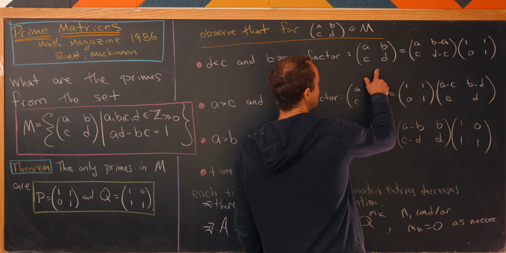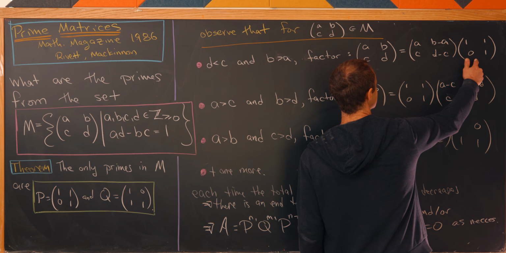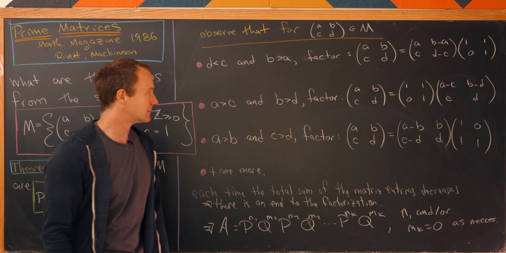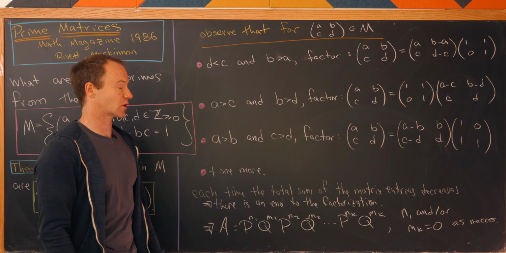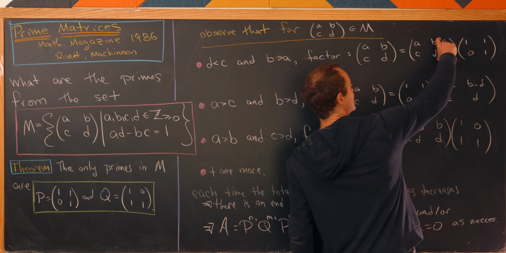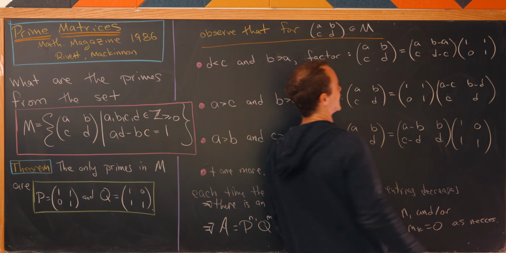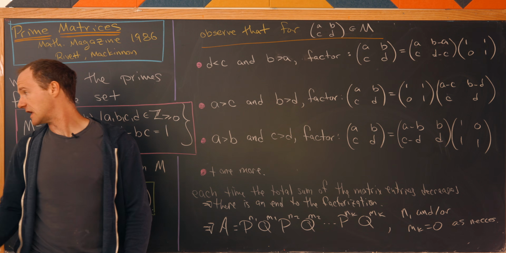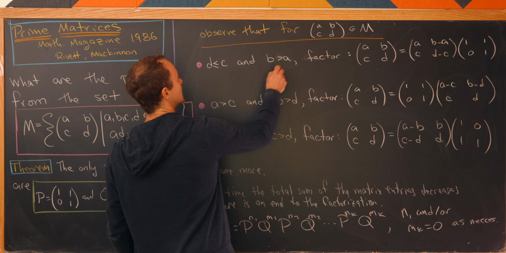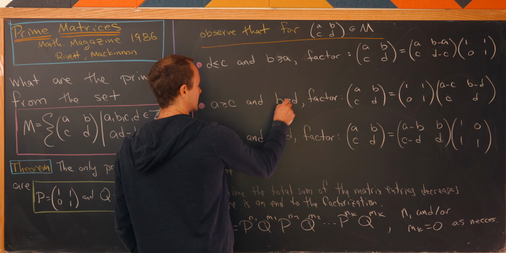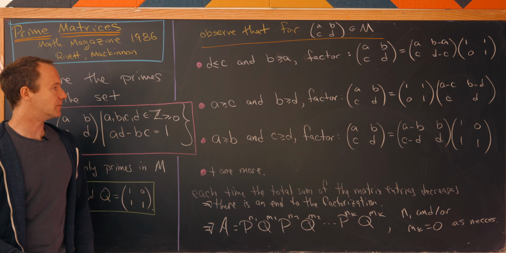So A, B, C, D can factor as A, B minus A, C, D minus C times this matrix, which was P. And this inequality-like setup is required so that these are still positive, which lands inside of M. I guess I should say that these can be non-strict inequalities all around, because that'll still land inside of M.